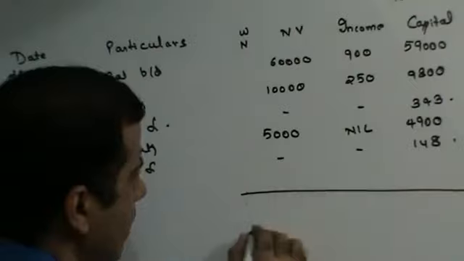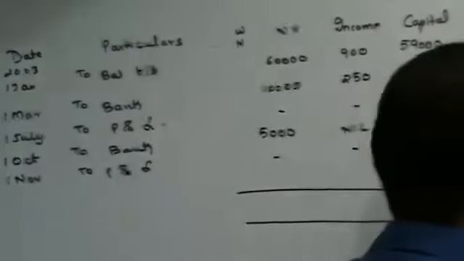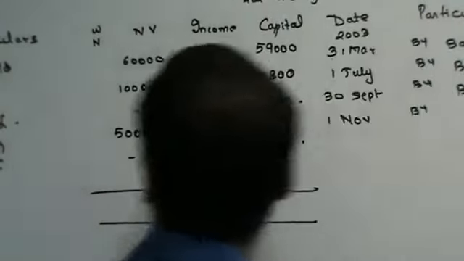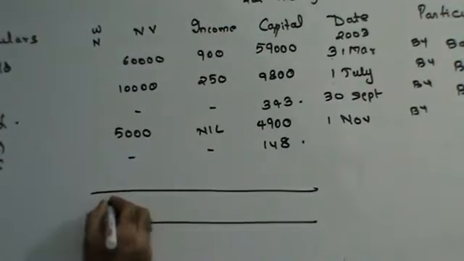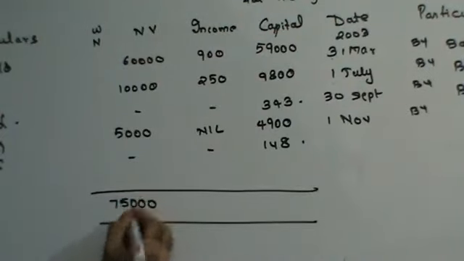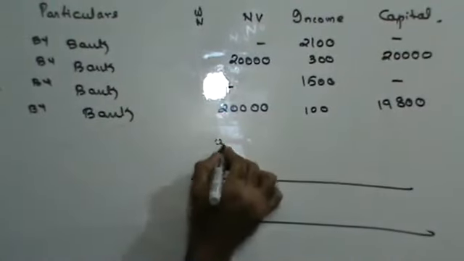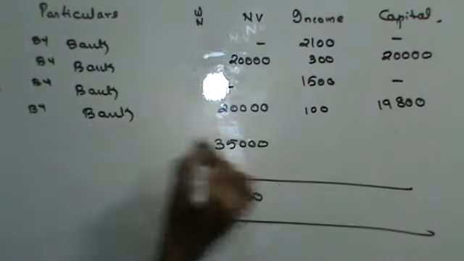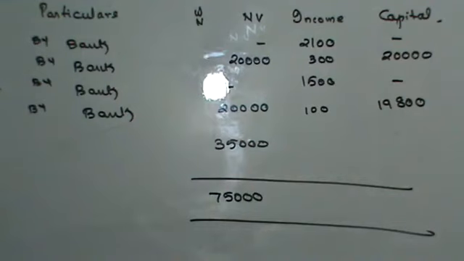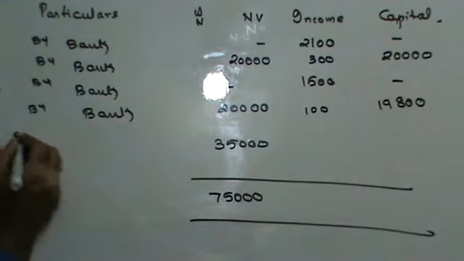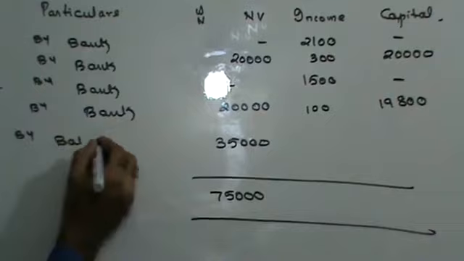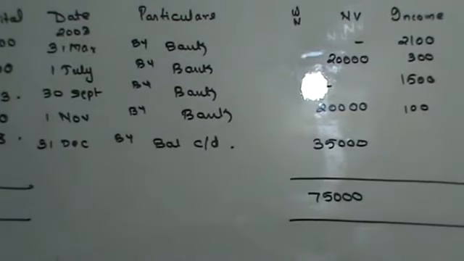I need to tally the account. Let's tally the account, guys. 75,000. That is 35,000. This is 31st December, by balance carried down. You have to always calculate interest on the closing balance.